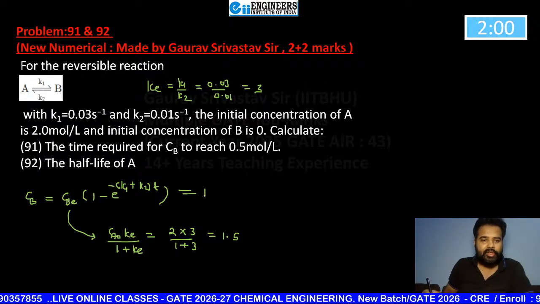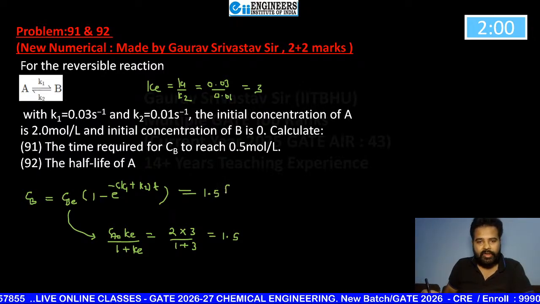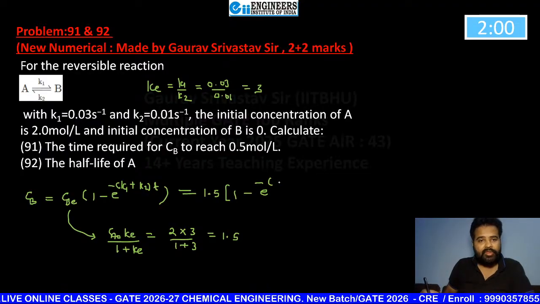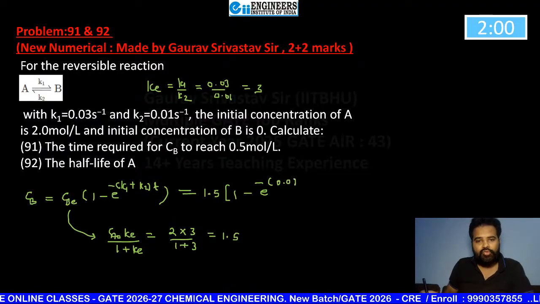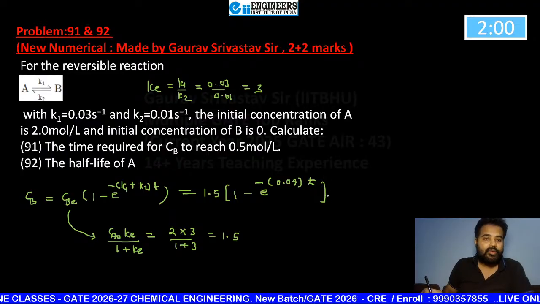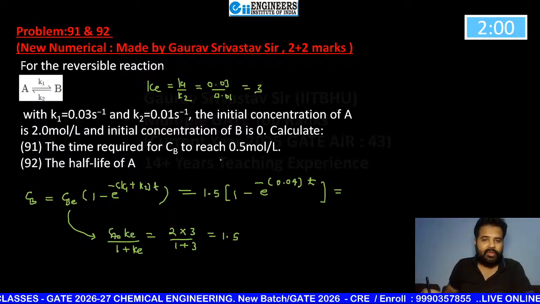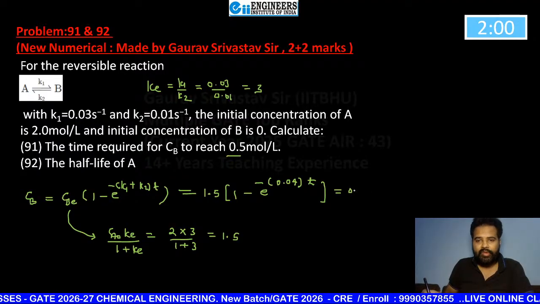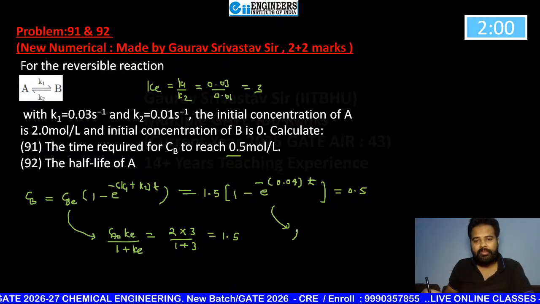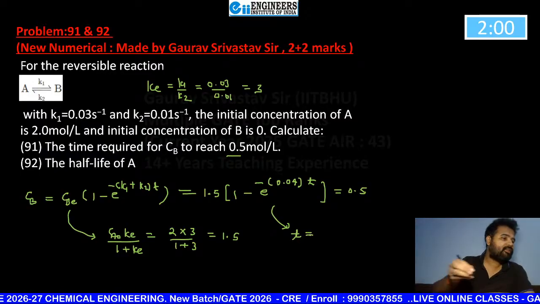So now just put here 1.5 and 1 minus e raised to power minus k1 plus k2, that is 0.04, and time t. Okay, and how much you need CB? 0.5. Now one equation, one unknown. After solving it will give you the value of time t. ऐसे ही लगाया है.